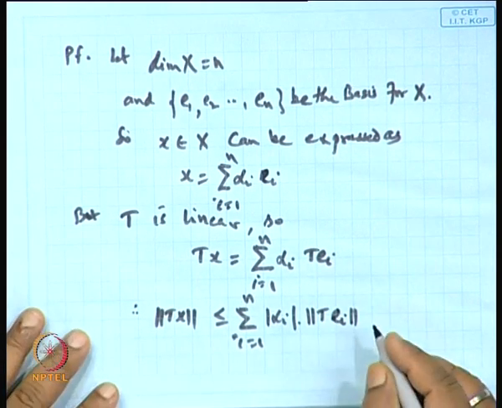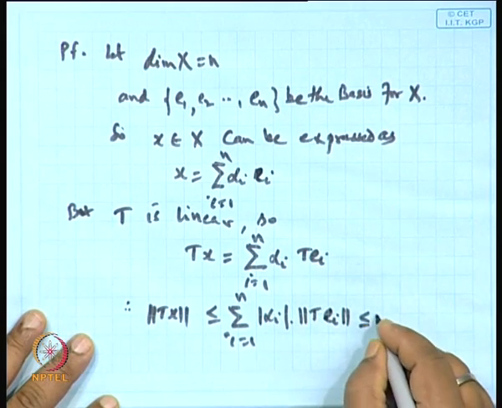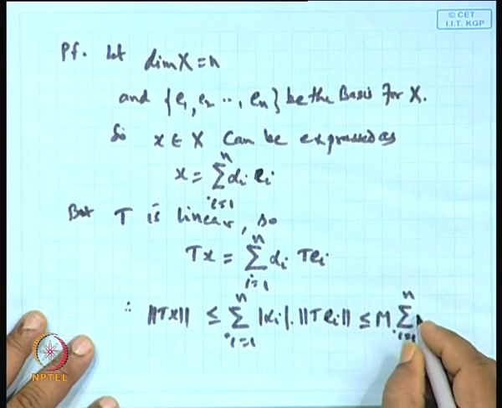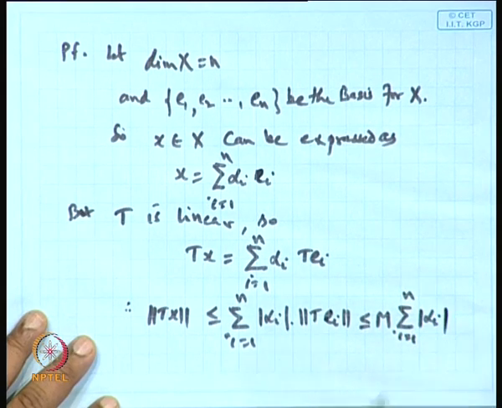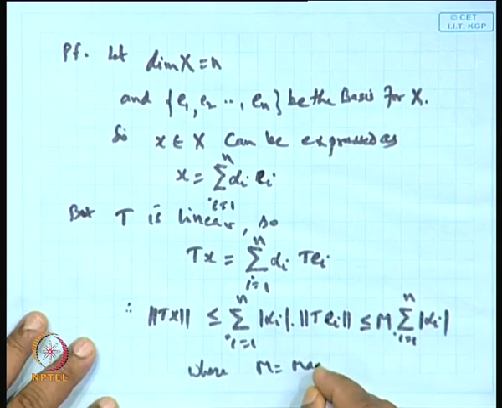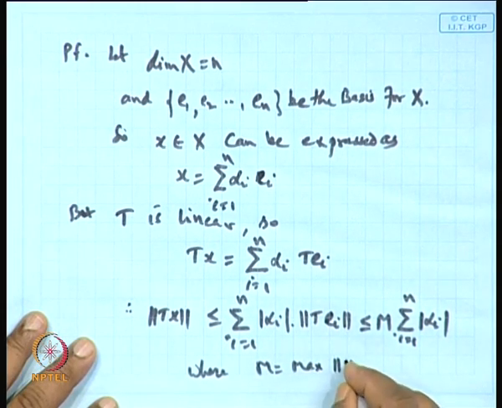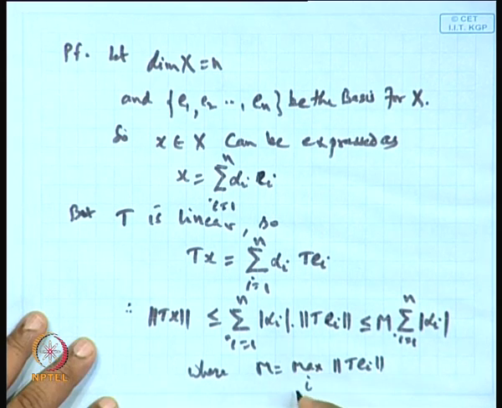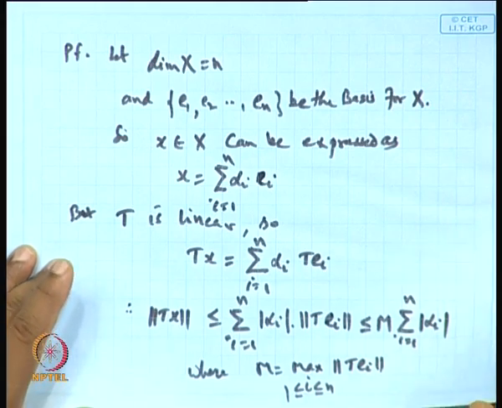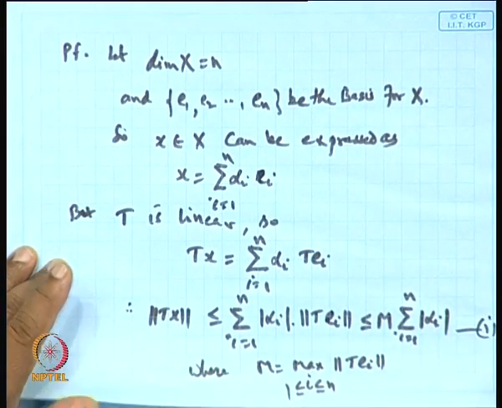Replace this by a maximum value. So, let it be M into sigma i equal to 1 to n mod of alpha_i, where M denotes the maximum value of the norm of T(e_i), where i is varying from 1 to n. Okay. So, we are getting this, let it be equation 1.